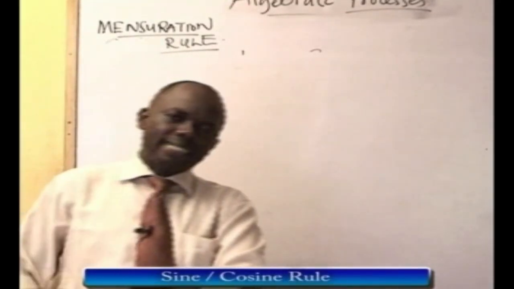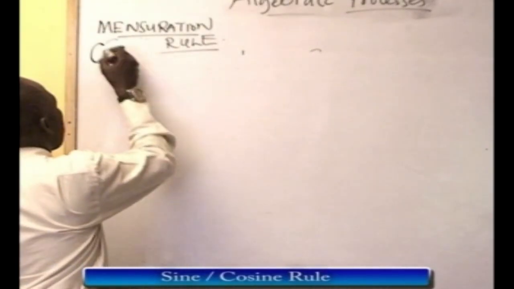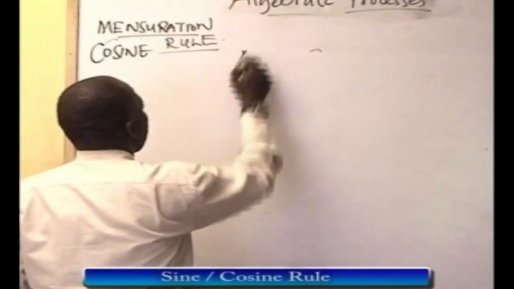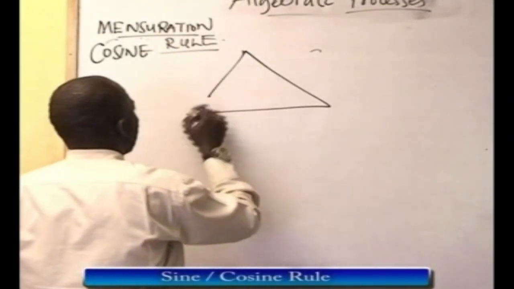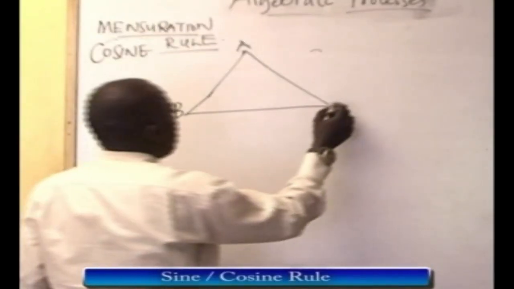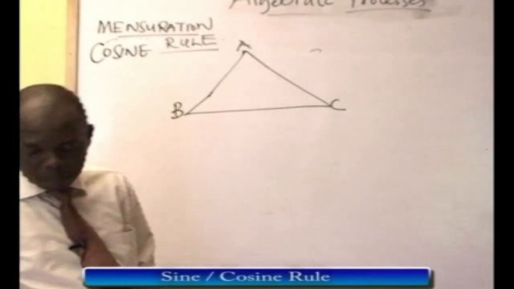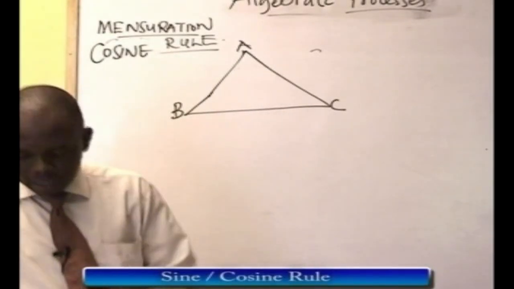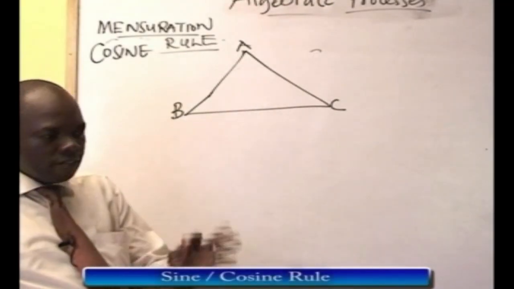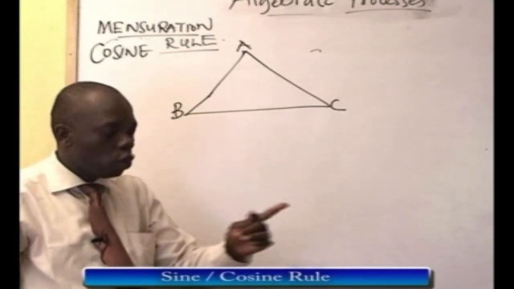The cosine rule is adapted for triangles where the given side has no relationship with the given angle.